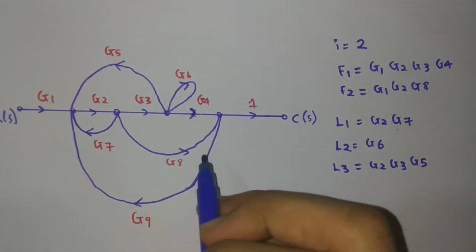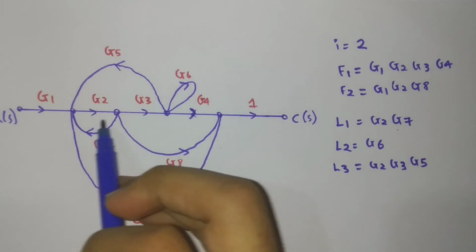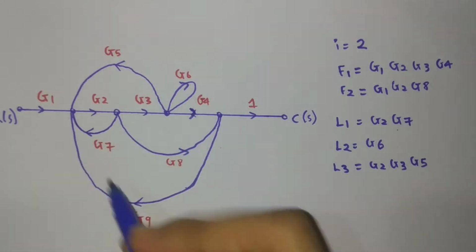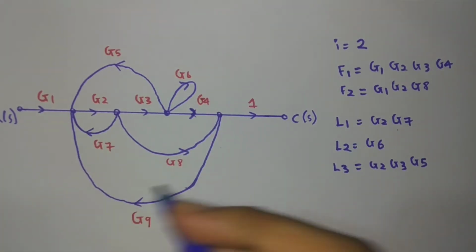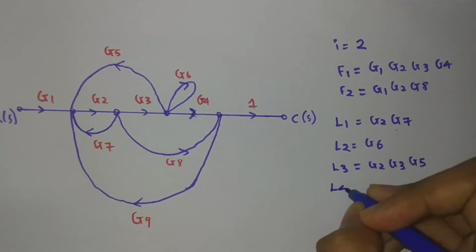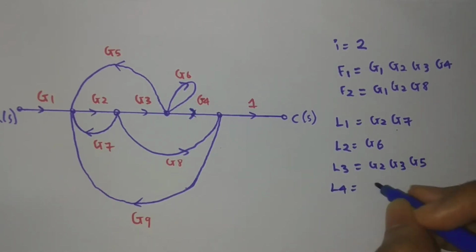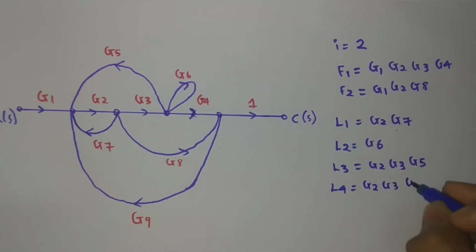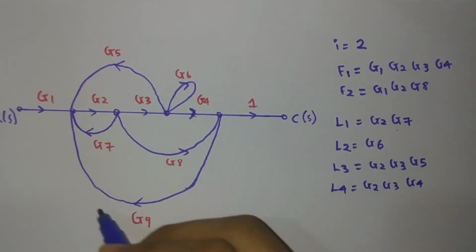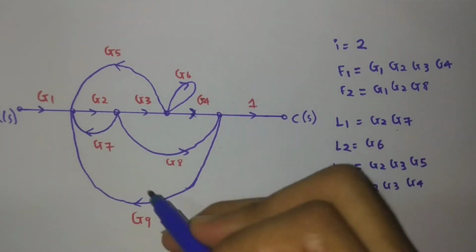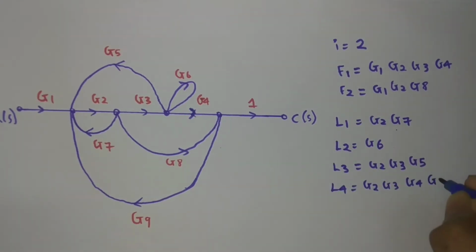Now you can see there is one more loop, G2, G3, G4 and again this G9 is going back. So the fourth loop that we can write will be G2, G3, G4 and the feedback loop that is going back, that is G9. This is the fourth loop.